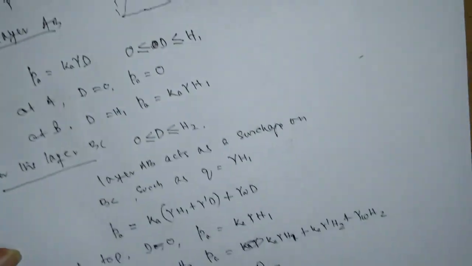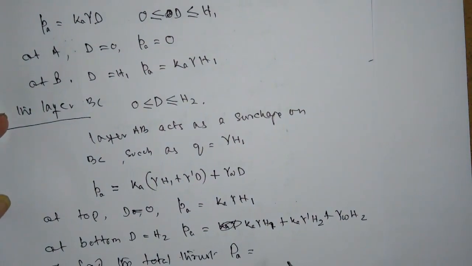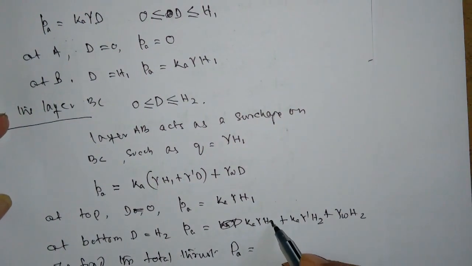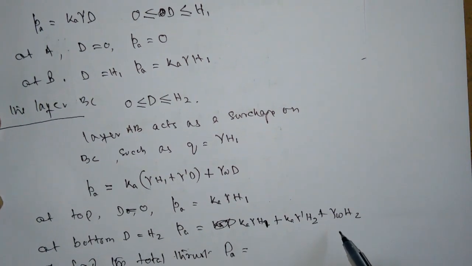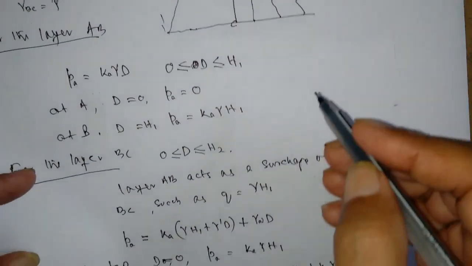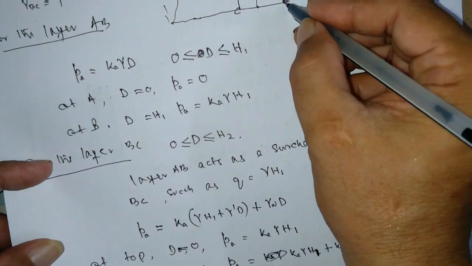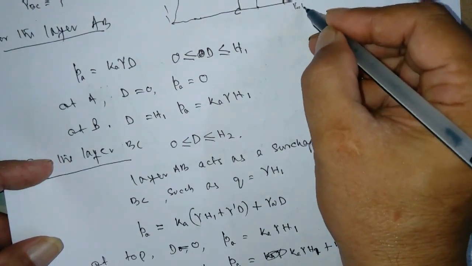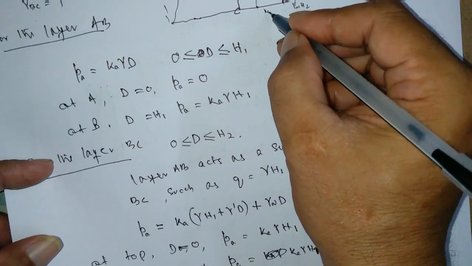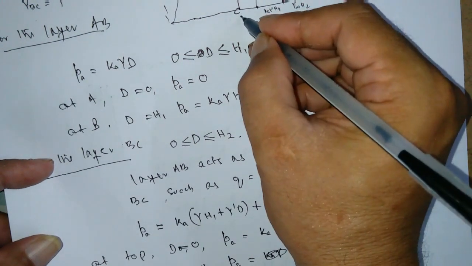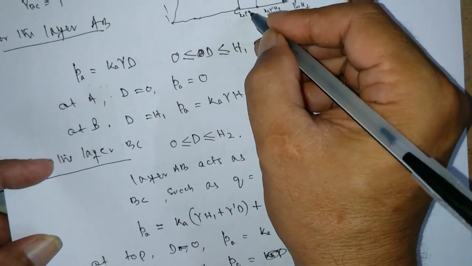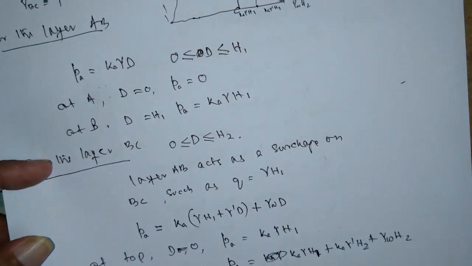The first part is K gamma H1, then K gamma sub H2, the third one is gamma W H2.